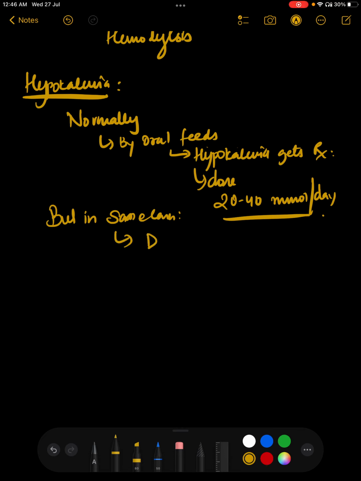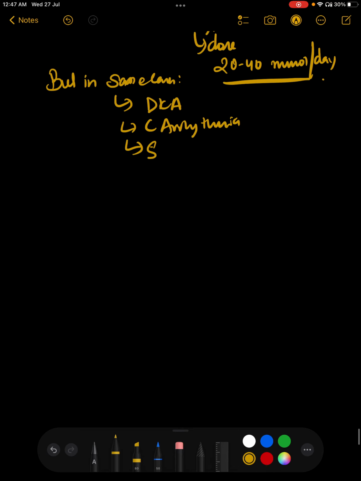like diabetic ketoacidosis, cardiac arrhythmia, and at last severe hypokalemia, we have to give parenteral potassium.